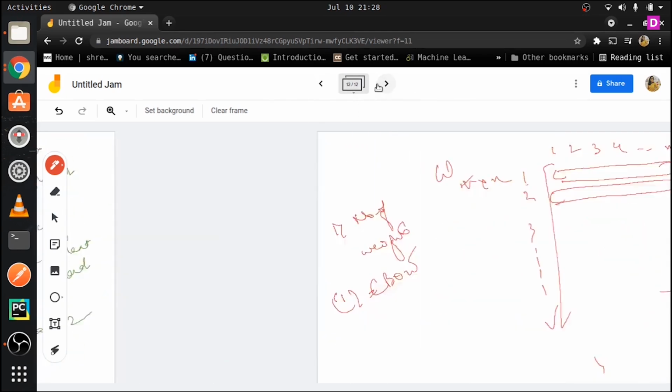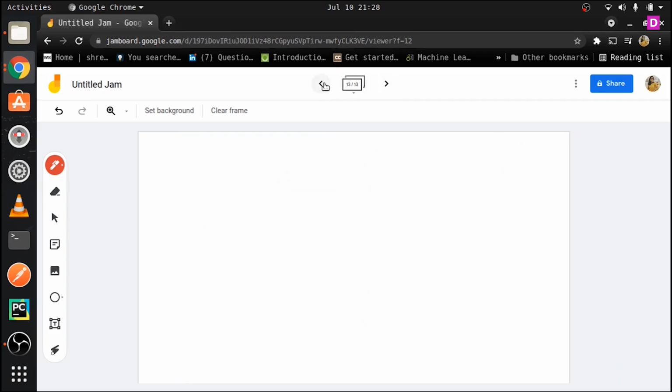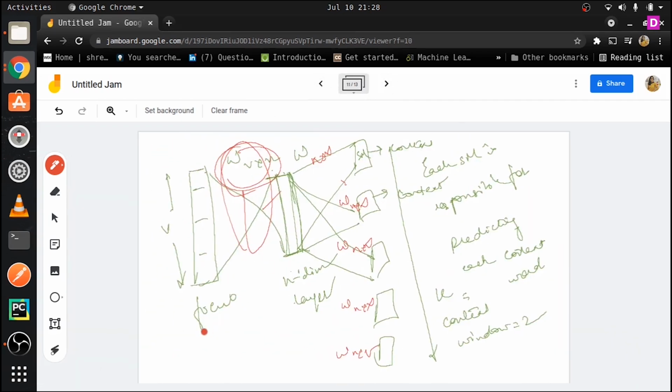Now let us talk about the number of weights that you will be using for skipgram. In skipgram, you have 1 V cross n first, and here you have k times, again n cross V or V cross n, it's the same thing.